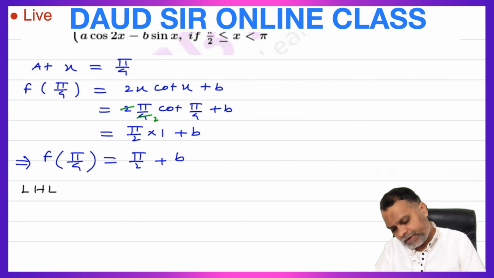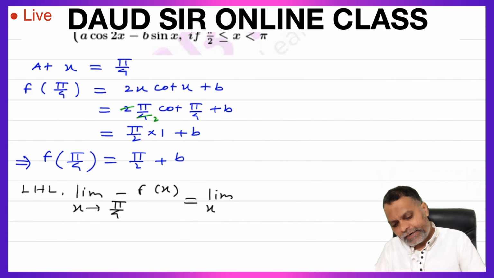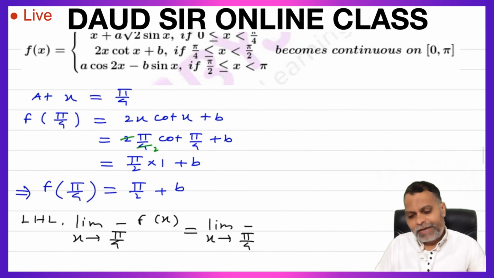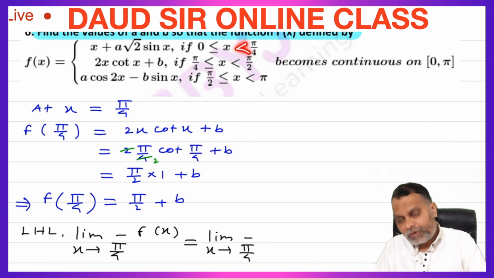Left hand limit x tends to pi by 4 minus f of x is equal to limit x tends to pi by 4 minus, where x is less than pi by 4.